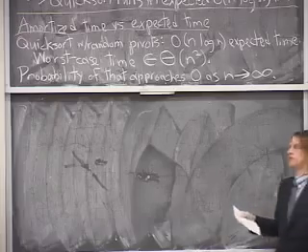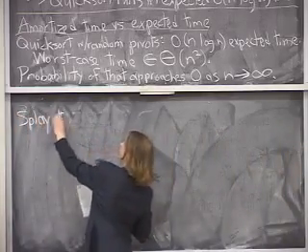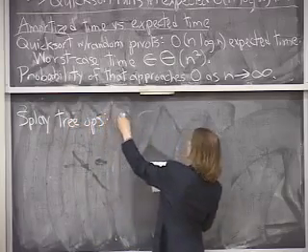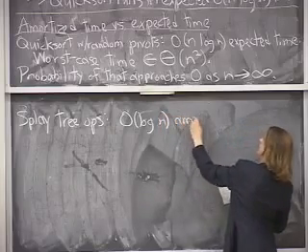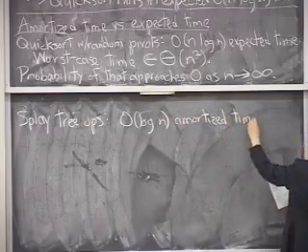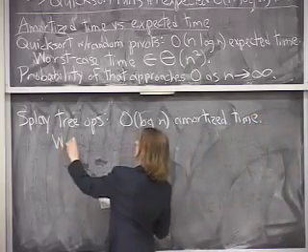Whereas with splay trees, a splay tree operation takes log n amortized time. But the worst case for any one operation is linear.